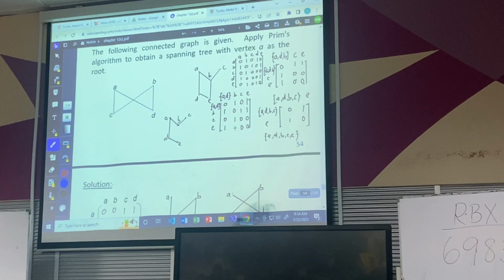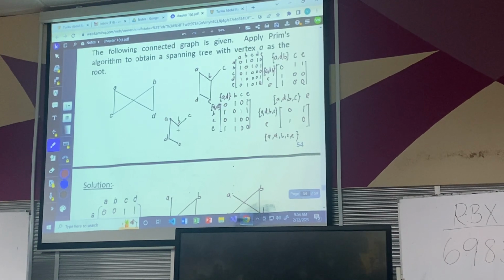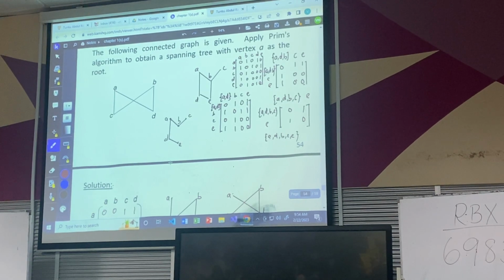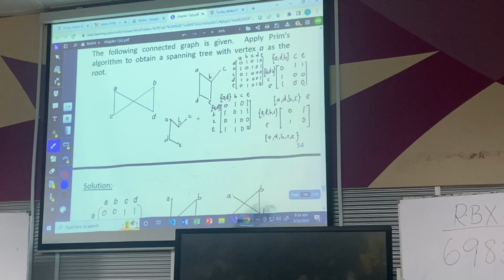So if you convert to the matrix, you can see that all the vertices will have in column at most 1. So this is one of the spanning trees.